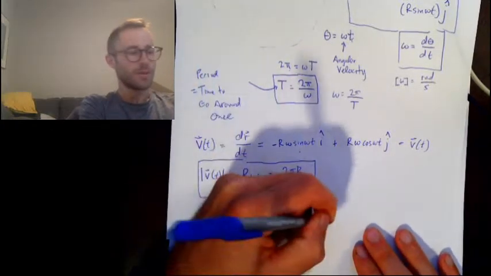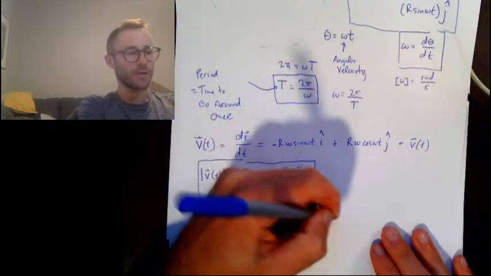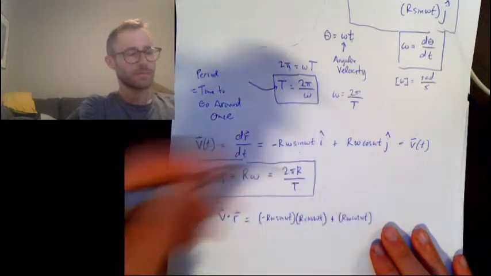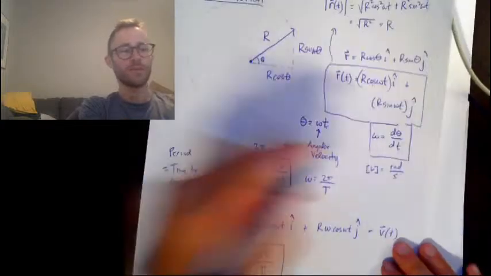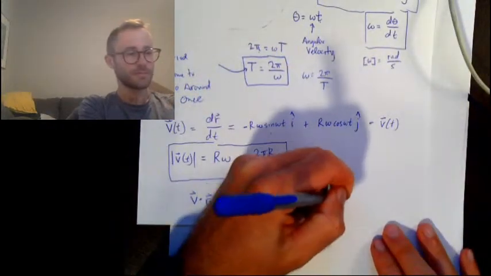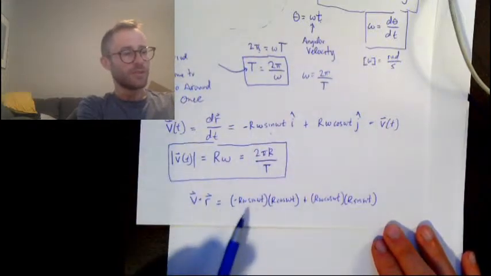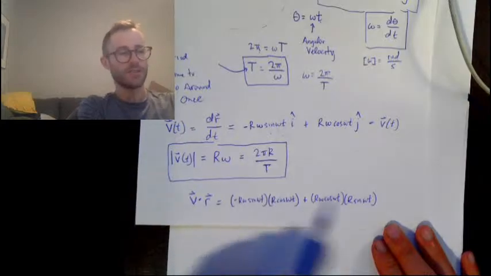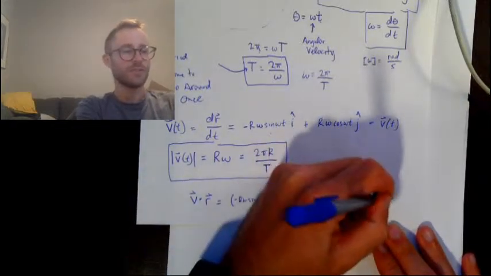Plus y component times y component. The y component of the velocity is r omega cosine of omega t, and the y component of the position is r sine of omega t. So you can see that we have negative sine times cosine, and then positive sine times cosine. So this is actually equal to 0.